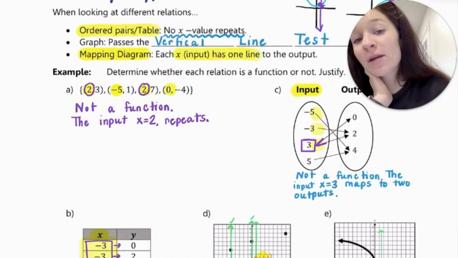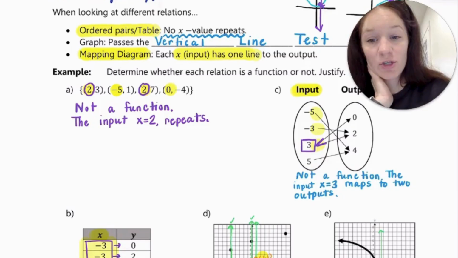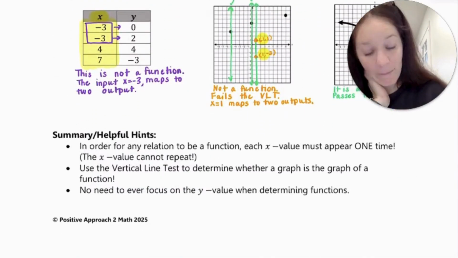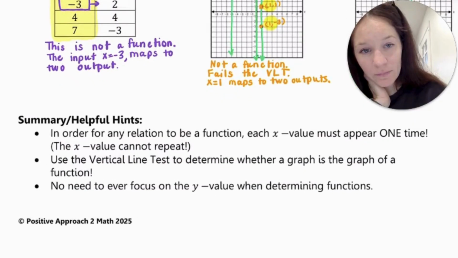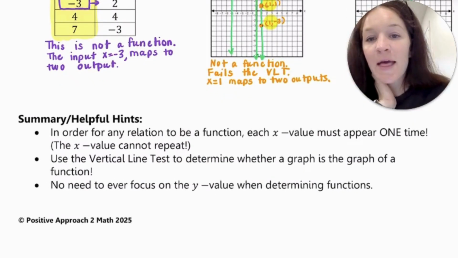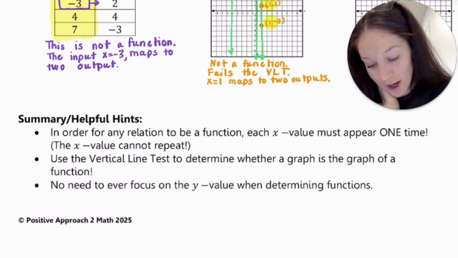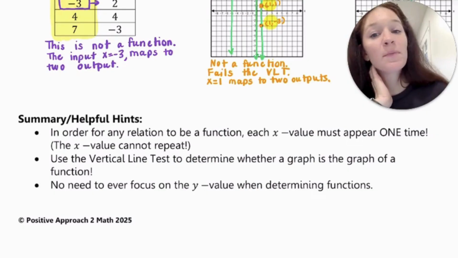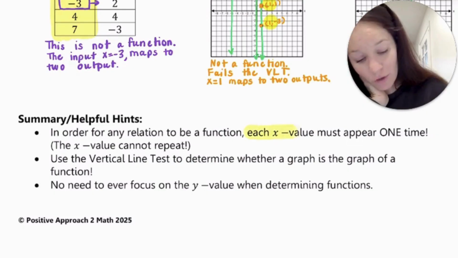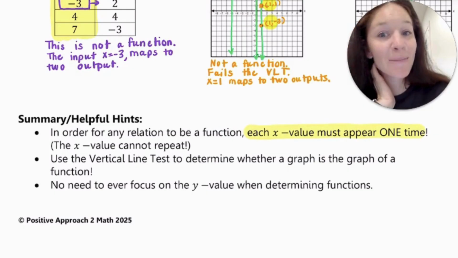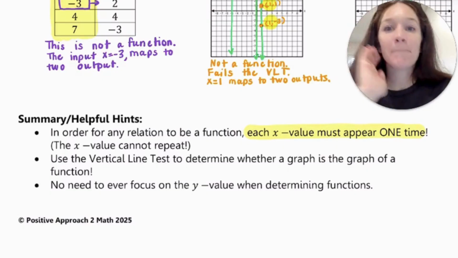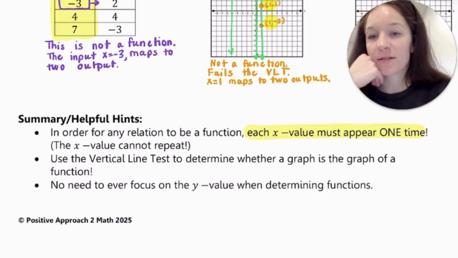and then determine if those relations are functions. So just a little wrap up, a little summary, some helpful hints: in order for any relation to be a function, each x value must appear one time and one time only. Basically, no x value repeats, okay?